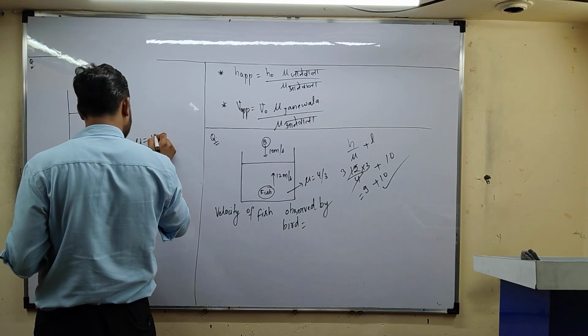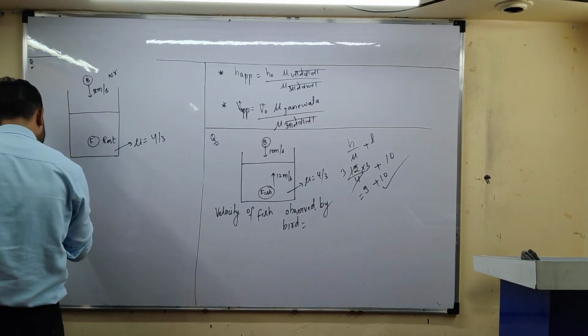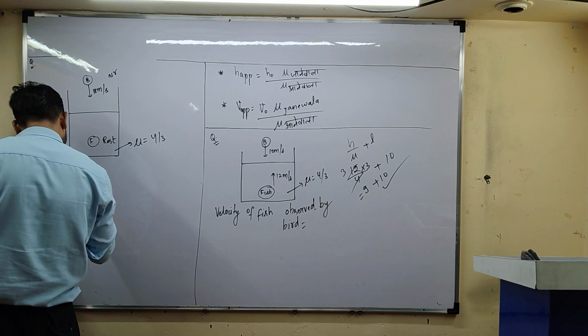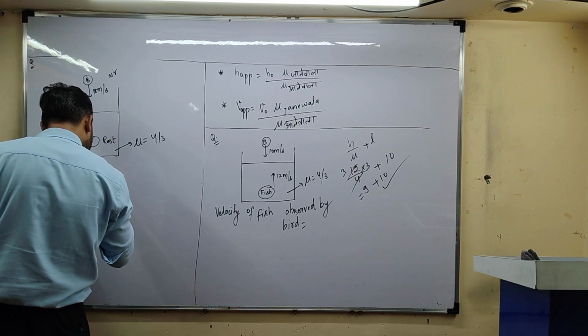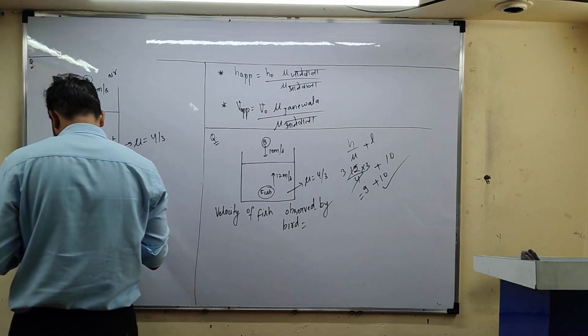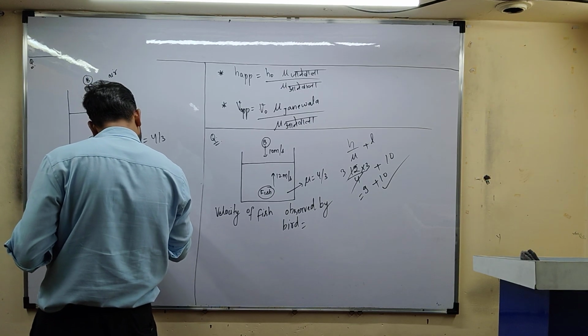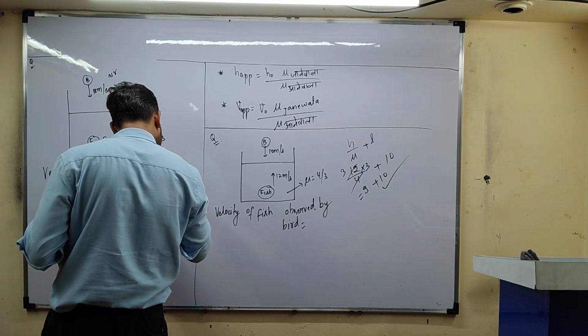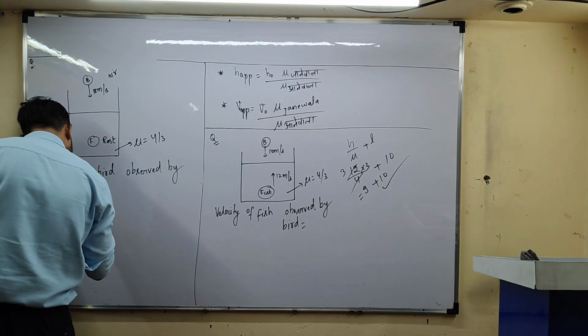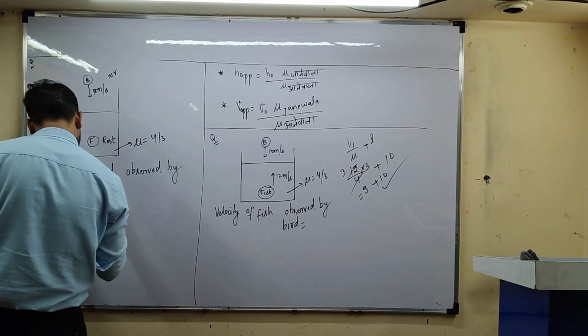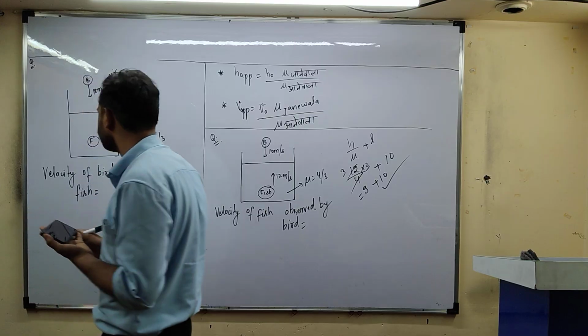Mu equals 4 by 3. Velocity of bird observed by fish, solve.